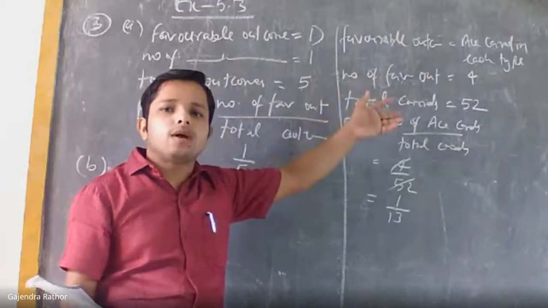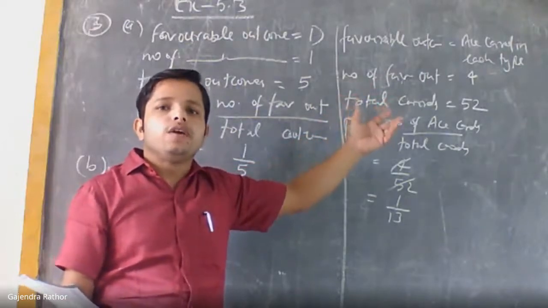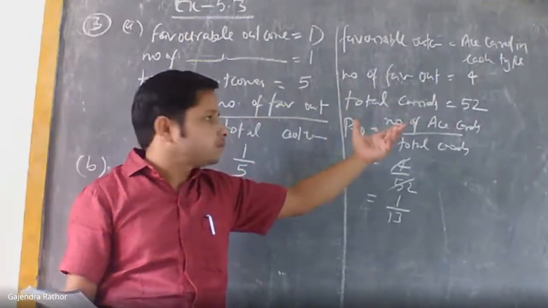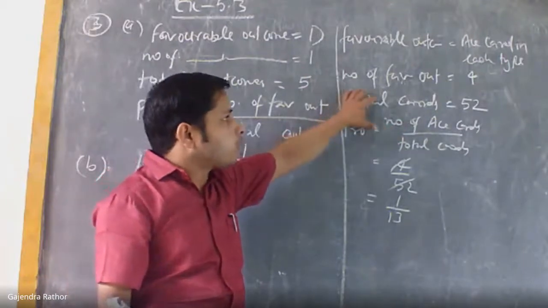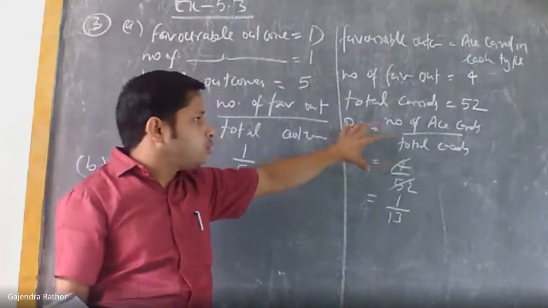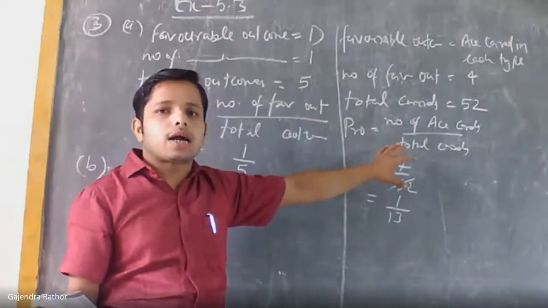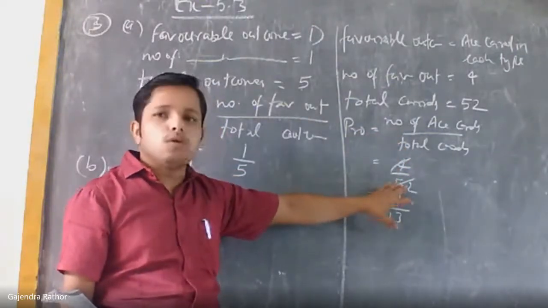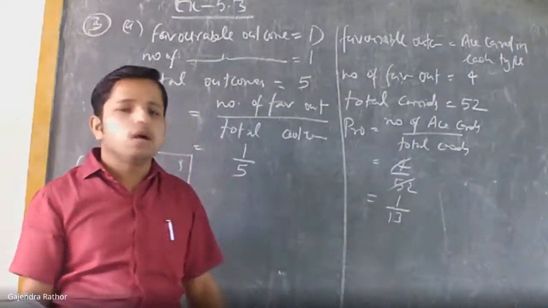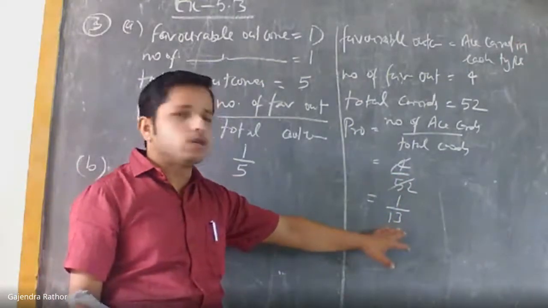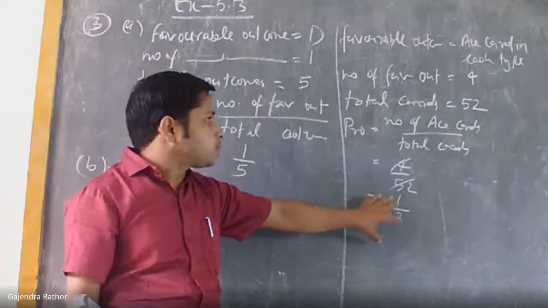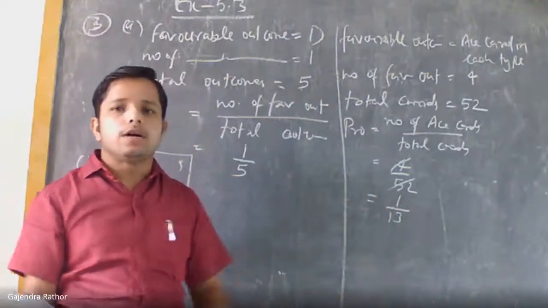And this is also our favorable outcome because we need these ace cards. Now, the total number of cards is 52. So the probability is number of ace cards divided by the total cards. So 4 by 52, we can divide by 4. So 4 divided by 4 is 1, and 4 times 13 is 52. So the probability is 1 by 13.